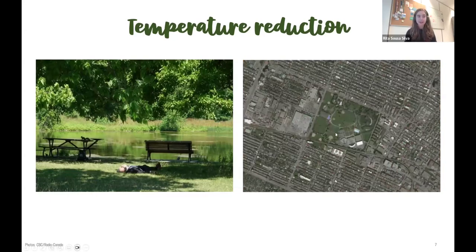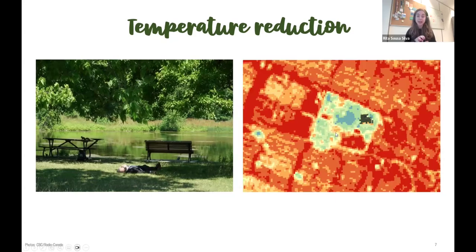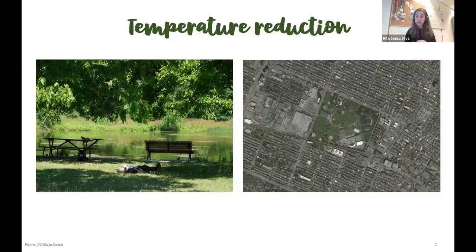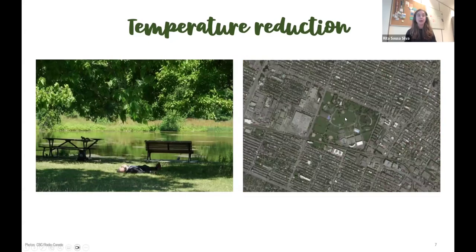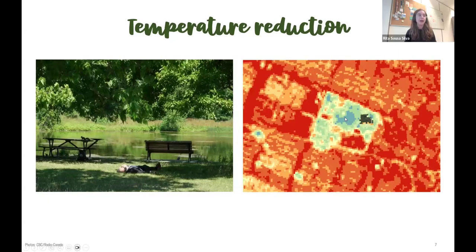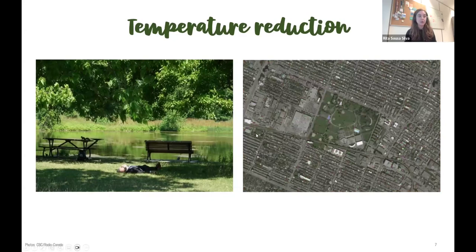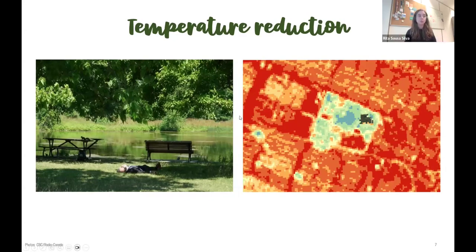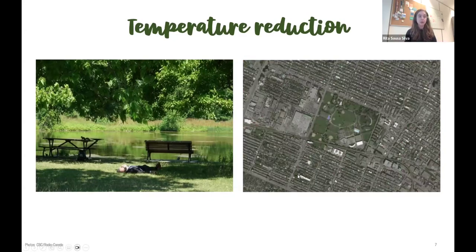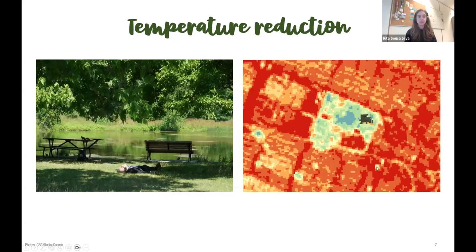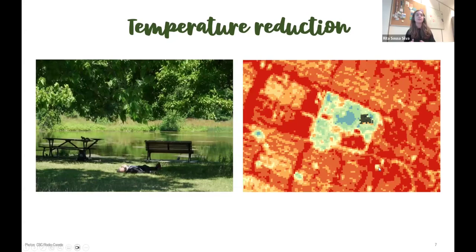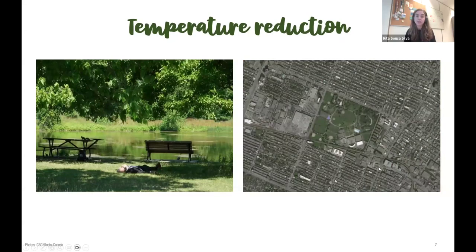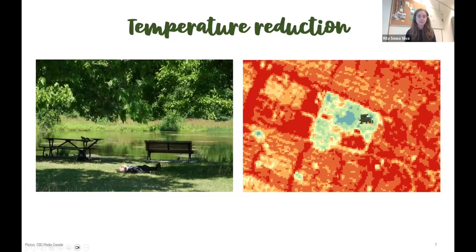And then you have a park. The more red the colors, the hotter it gets. And you see how different it is to have a park nearby. Even the small parks, you don't need to have such a huge park, but even the small ones make a difference. So there is this opportunity. You see, it's just this tiny spot here. They really make a difference in cooling.